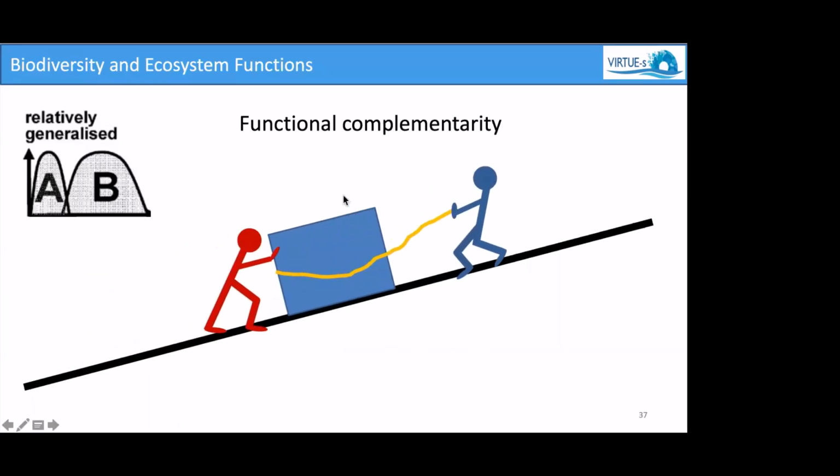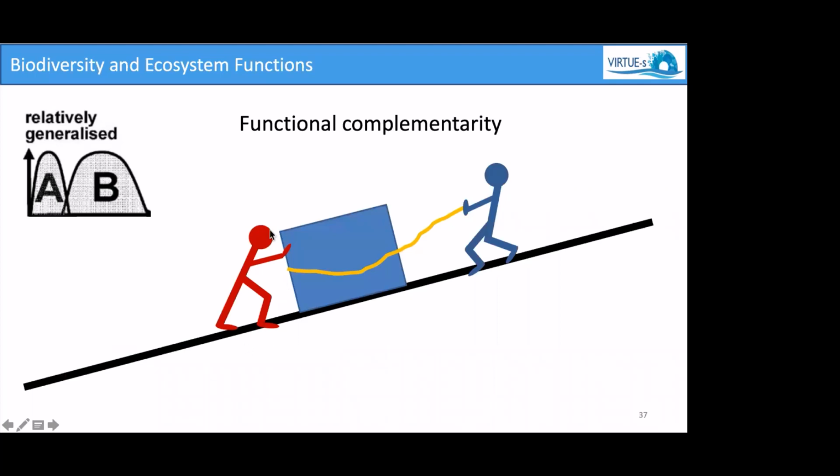They are specialized for doing this function. Their function is to move this block from down here up to here. So we have two species doing this function, but they are contributing differently to this function.